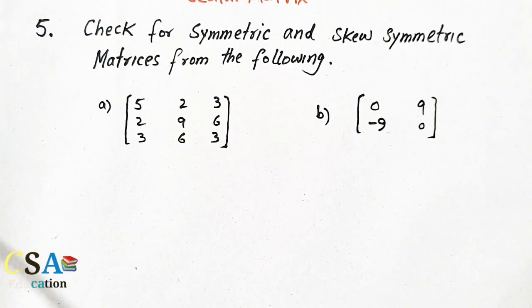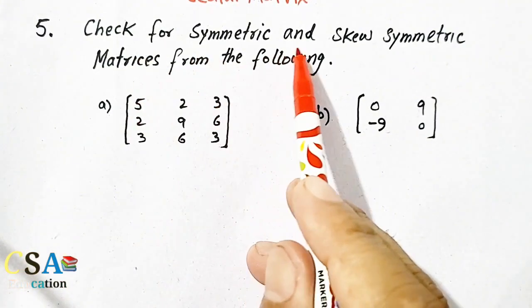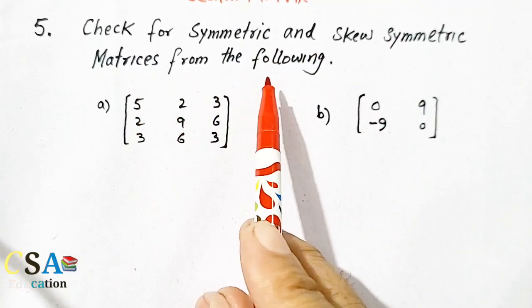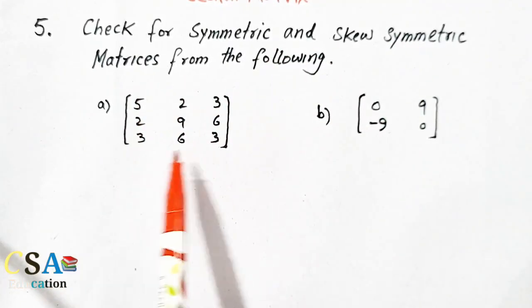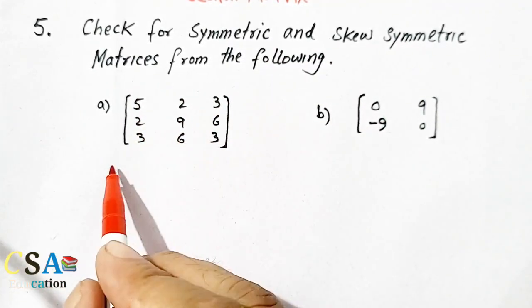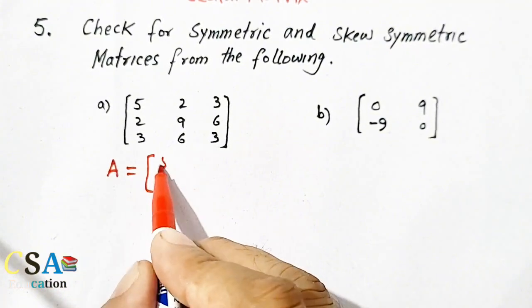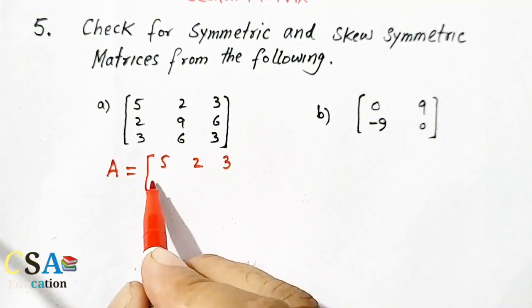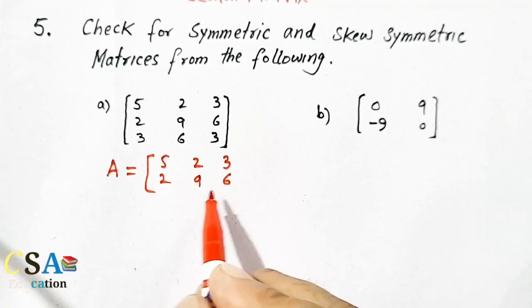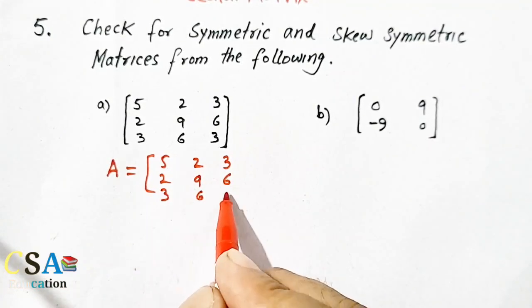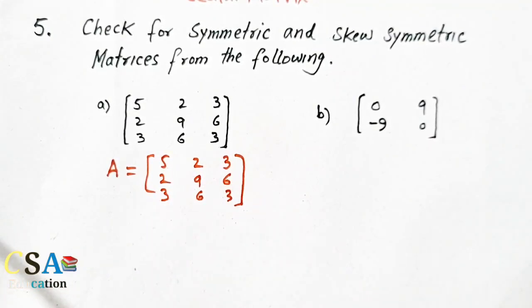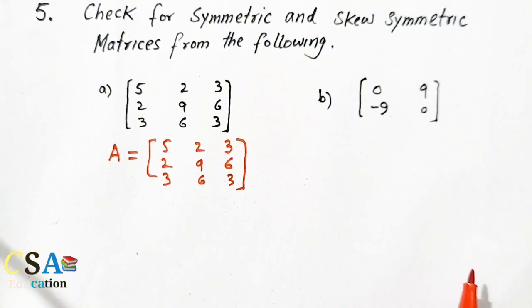Question number 5. Check for symmetric and skew symmetric matrix from the following. Dear student, first of all, you have to name this matrix. Let it be A, and A is 5, 2, 3, 2, 9, 6, 3, 6, 3. Now we have to take its transpose.